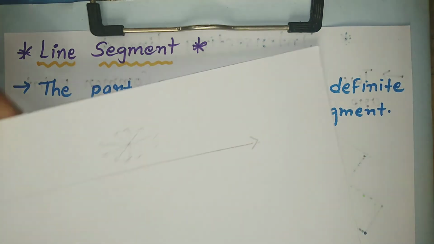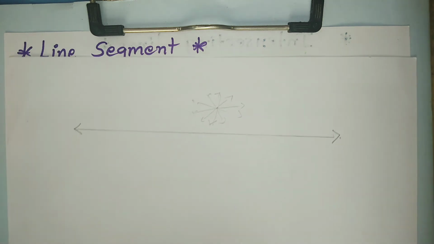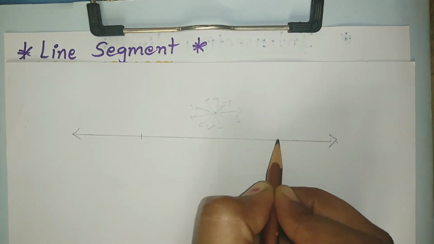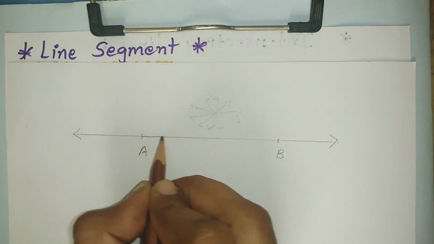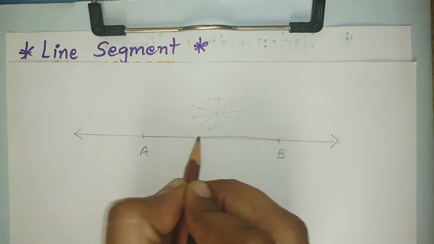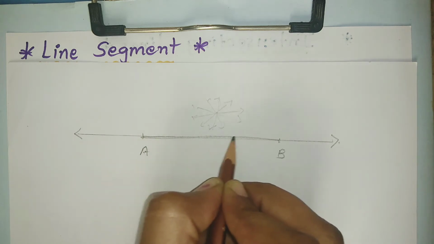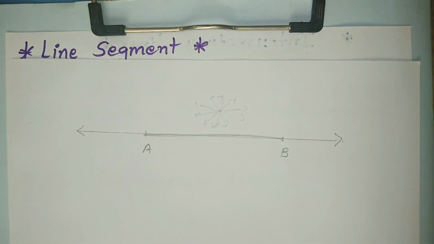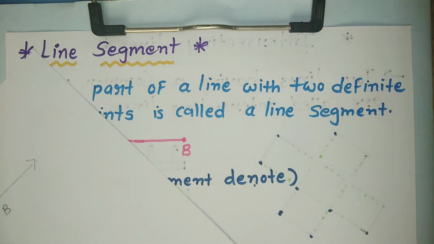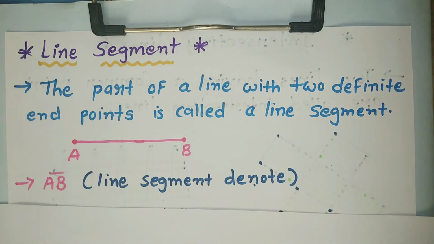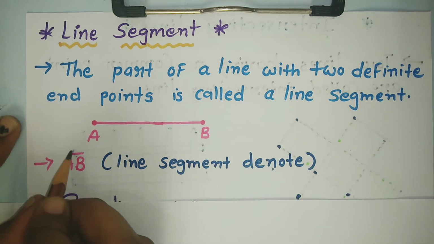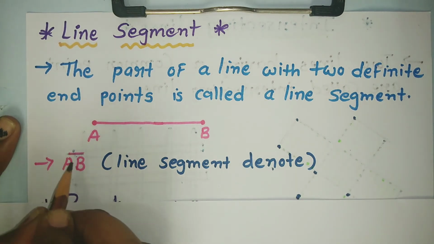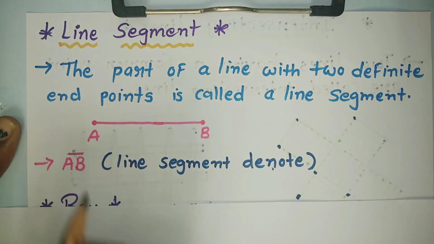Earlier we drew this line. If I choose two points on this line, A and B, this AB portion indicates the line segment AB. It is denoted by AB with one horizontal line over it.